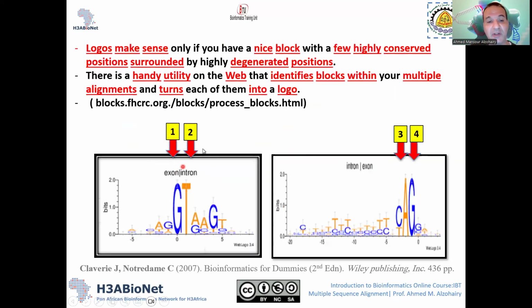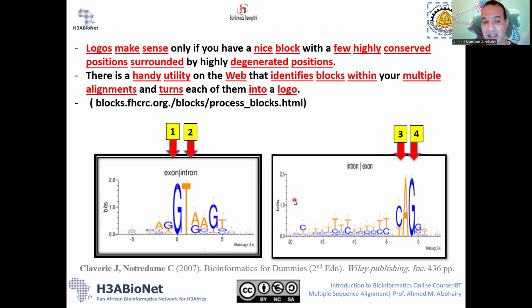If you would like to compare sequences, whether comparing DNA sequences or different protein sequences, the same idea applies. For example, if I would like to compare the exon-intron junction to see the most important nucleotides in that position, simply you can take the sequences of that area and region that you would like to compare and use logos to point out which residues are more frequent in that position than others.